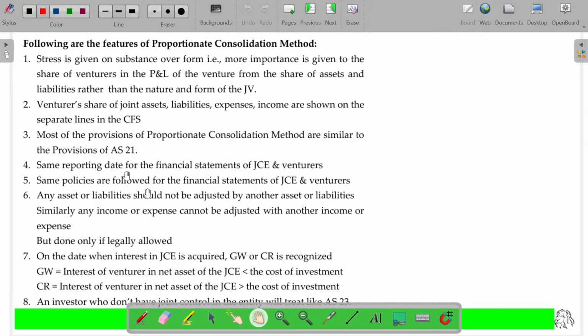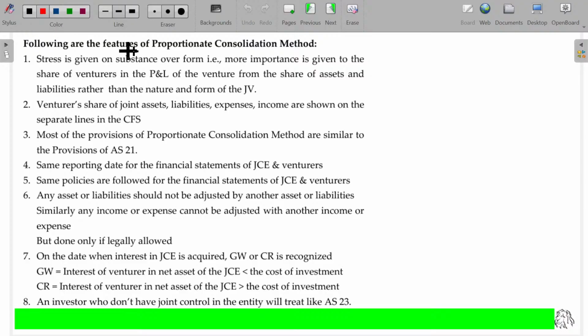Now, following are the features of the proportionate consolidation method. What's that? Okay. See, I already told you, your cost of acquisition of the share being 100 lakhs, and net worth in that joint venture entity, the jointly controlled entity, being 80 lakhs.